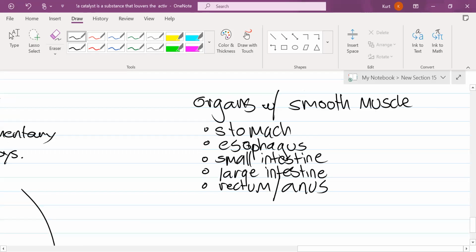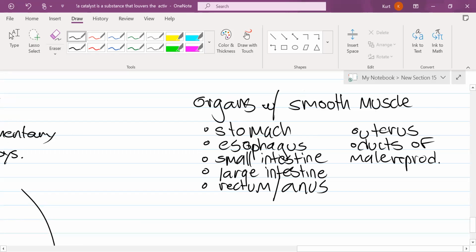What else is hollow? Lance? Uterus. Yep. Also some ducts of male reproductive system, like some piping, I guess you could say. The fallopian tubes. Those are smooth muscle. They actually push the egg into the uterus.